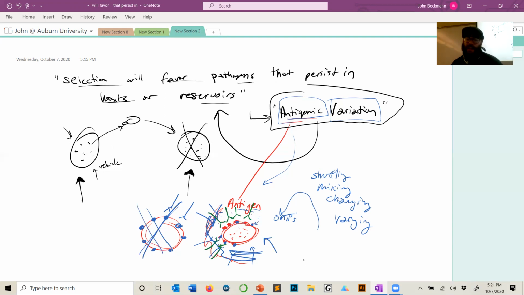So you're going to get these cycles of, okay, build up antibody A, the pathogen changes its outer surface, that antibody is no longer useful, build up of antibody B, pathogen changes its surface, that antibody is no longer useful, and it's just going to carry on infinitely. They can just keep changing the surface. That's antigenic variation.